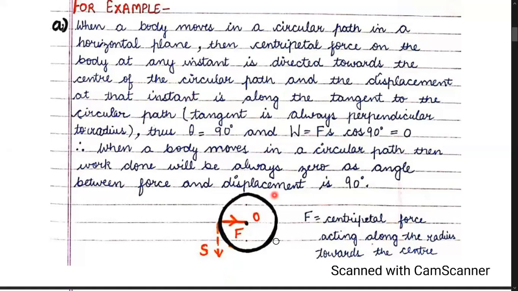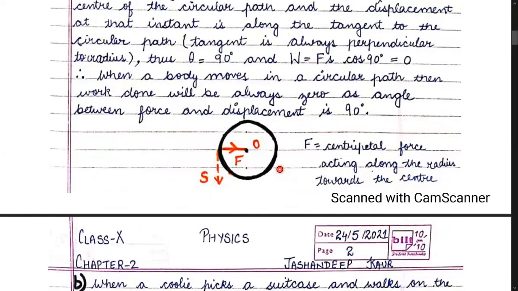Because displacement is acting tangentially while force is acting towards the center along the radius. Thus, the angle between force and displacement is 90 degree, and when we use the formula work done is equal to Fs cos theta, we'll write down theta as 90 degree and cos 90 is 0. So therefore, work done will come out to be 0.